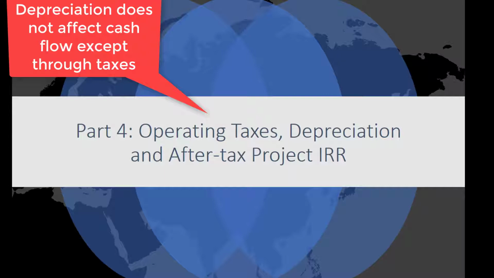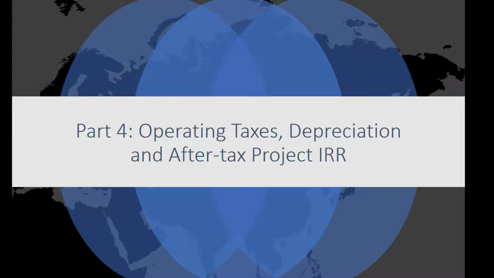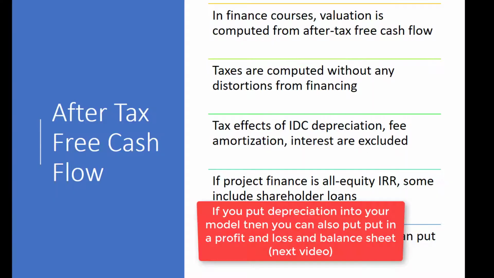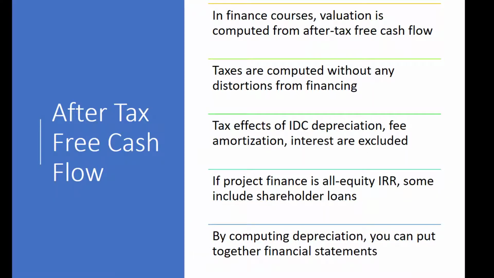That's kind of true, but there are real advantages of putting a profit and loss statement and a balance sheet in your model. And in order to get there, you're going to have to model some depreciation.